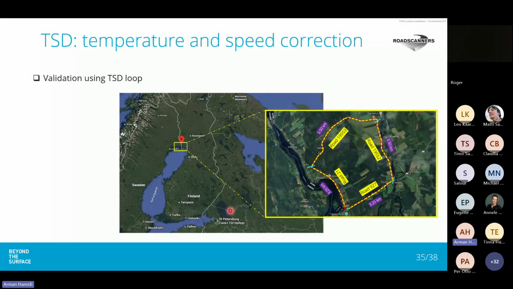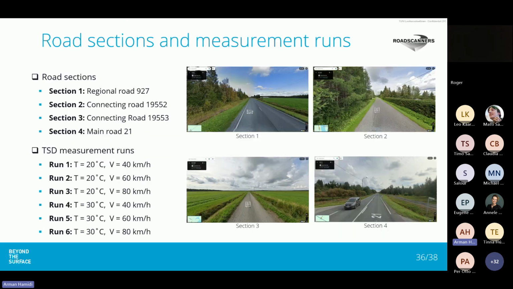We recently conducted TSD measurements on a loop near the border of Sweden, near Tornio. So 4 road sections were considered in these measurements. You can see more information about these sections.